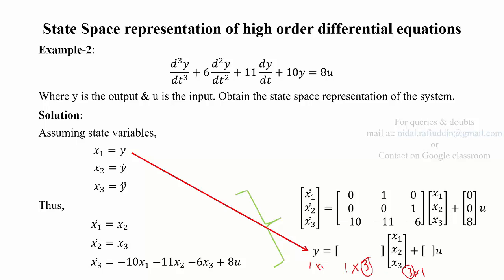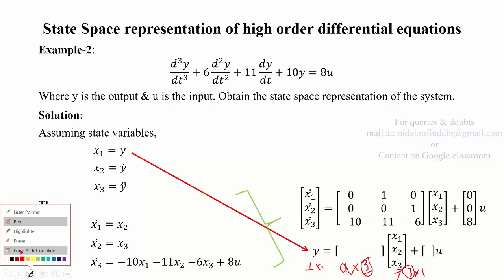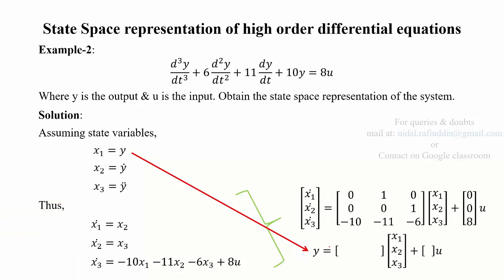And after multiplying the matrices, if you initially assume this as a cross 3, which is clear from this value, then after multiplying a cross 3 with the 3 cross 1 matrix, the final matrix that you obtain will be having an order a cross 1. And since you know that the order of y is 1 cross 1, a should be equal to 1. So the order of matrix C should be 1 cross 3.